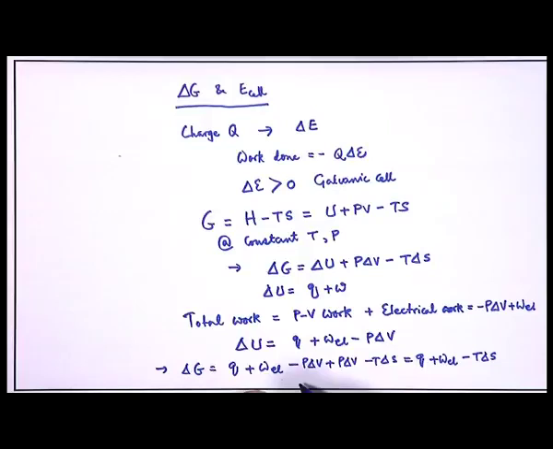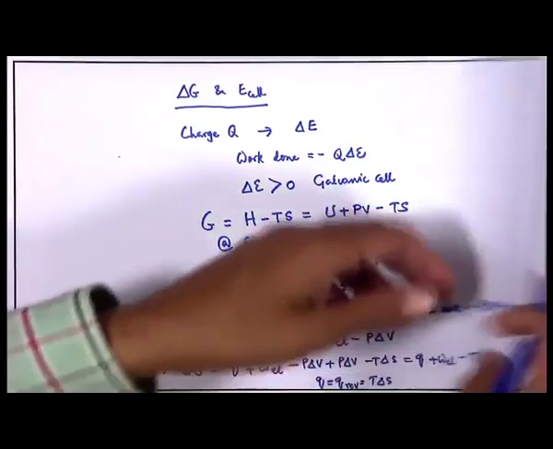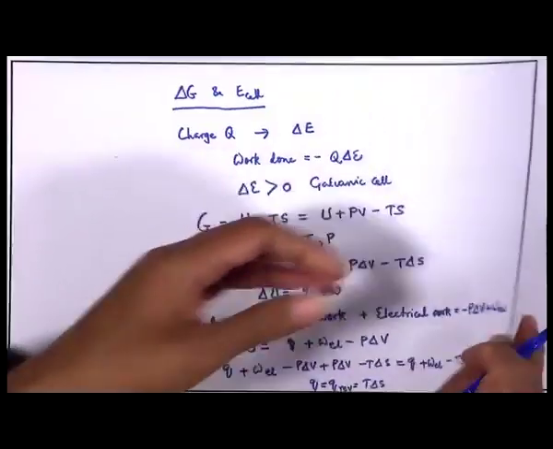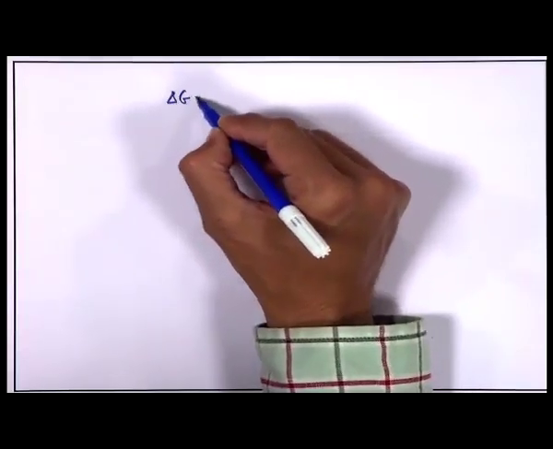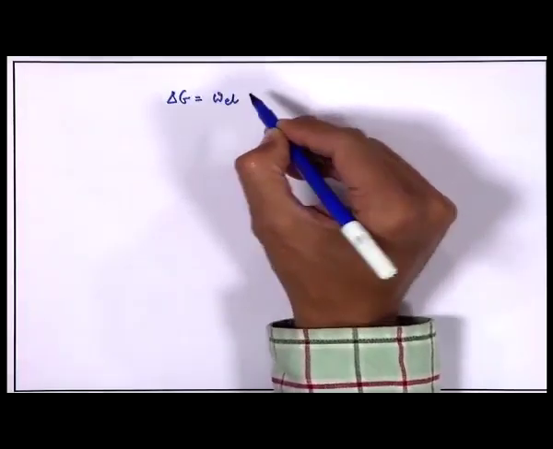Under this limiting condition for a galvanic cell, Q is equal to Q reversible is equal to T delta S. So, if we plug in this information, delta G is equal to W electrical.